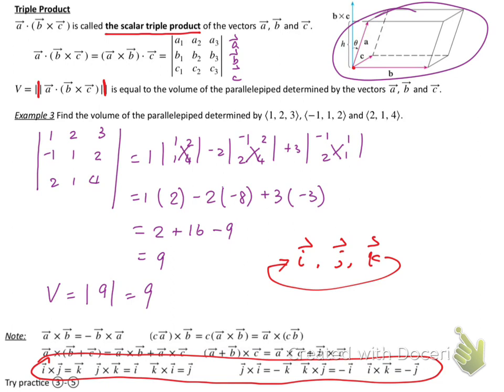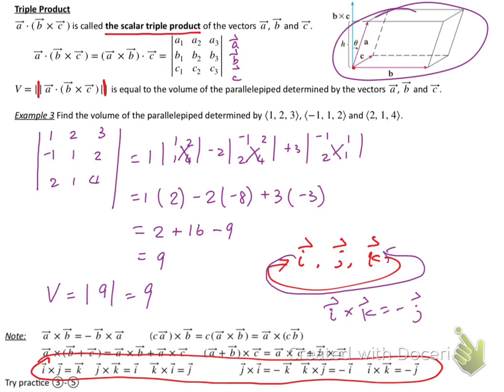But if you are going backward, j i, since you are going backward, you are going to get a negative sign. So when you go this way, i cross k, you are going backward, it will give you negative j. Because you are not following the order of this loop. i, j, k, i, j, k.